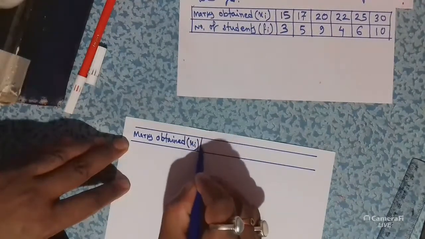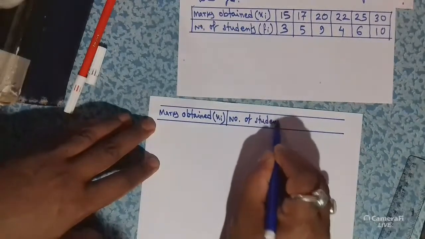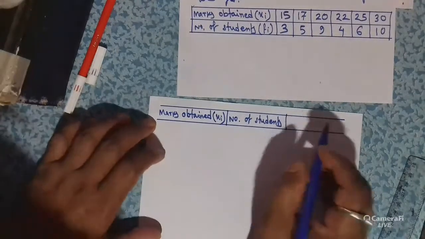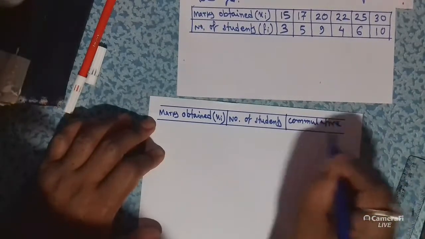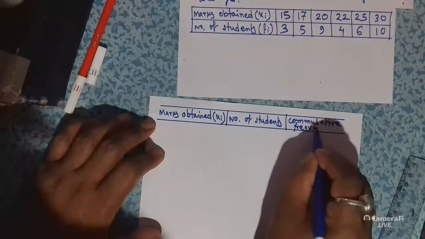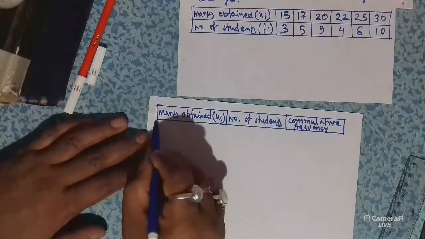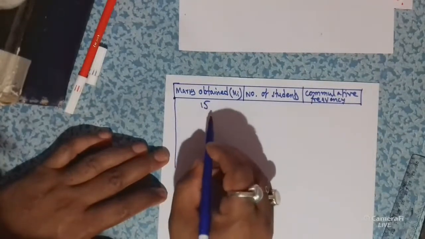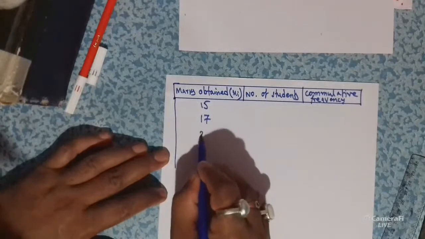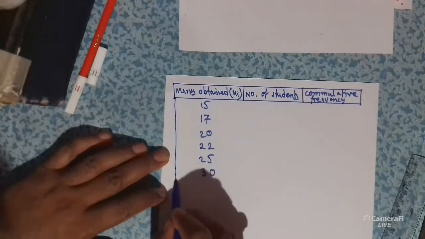Next one is number of students, and second one is cumulative frequency. Now write the values. It's 15, 17, 20, 22, 25 and 30.